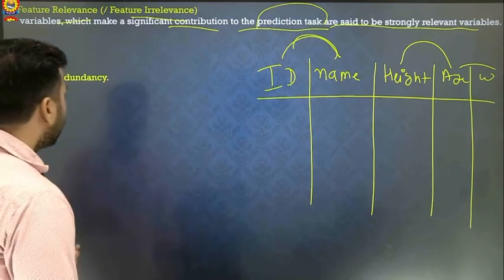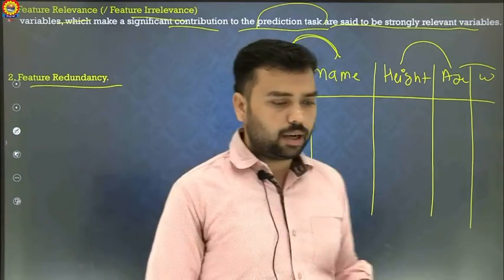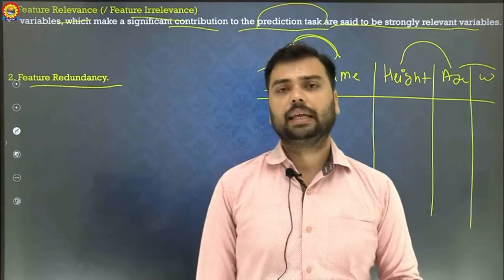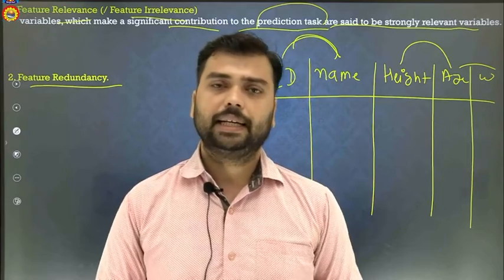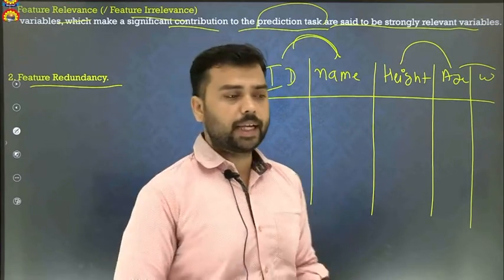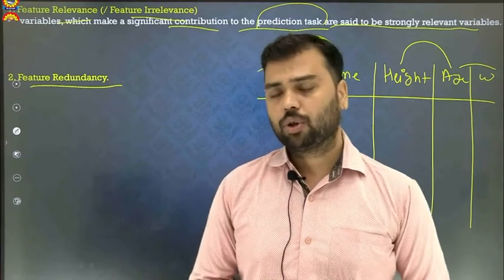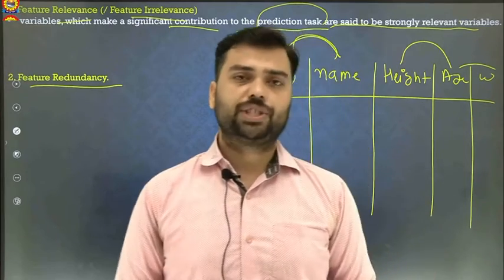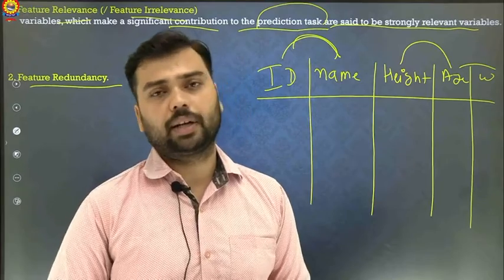Now the next one is feature redundancy. You have already heard the word redundancy. If the same thing is replicated in different places, then we call it data redundancy in the case of a database management system. In machine learning, we are also talking about redundancy. Redundancy means, suppose there are two features which have an equal impact on identifying the target value.